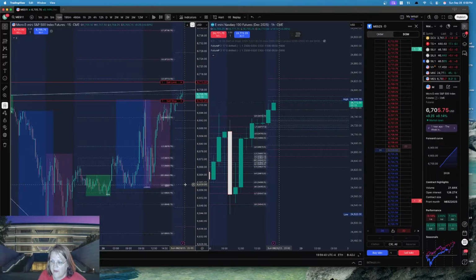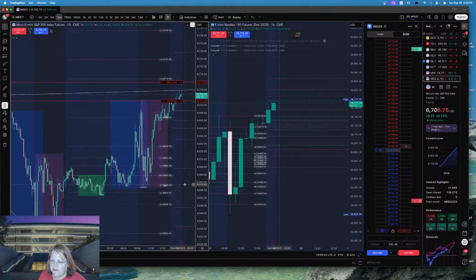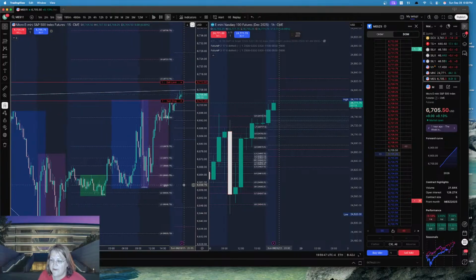When I first started trading futures, I didn't understand why it would go 2 up and then come all the way back in and then go again. Now that I understand fair value gaps, it totally makes sense to me. So I had to add in the fair value gap thing with the strat in order for it to make sense.